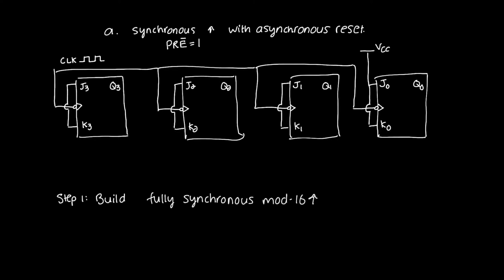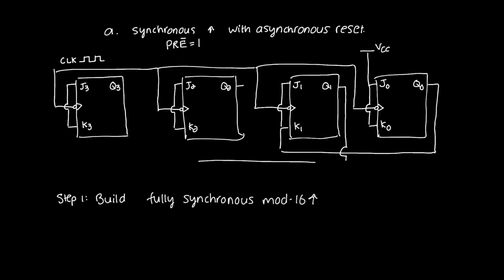J1 and K1 are wired to Q0. J2 and K2 are wired to the ANDed inputs of Q0 and Q1, while J3 and K3 are wired to the ANDed inputs of all the 3 previous stages.